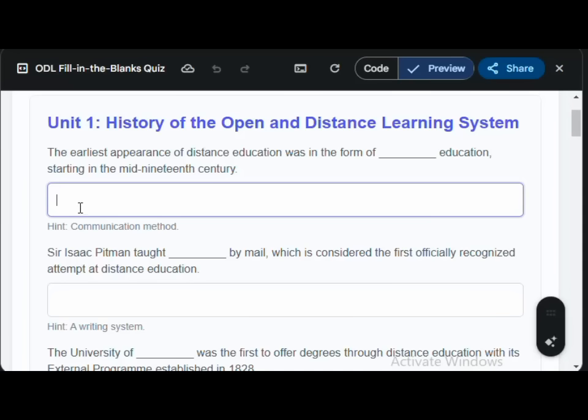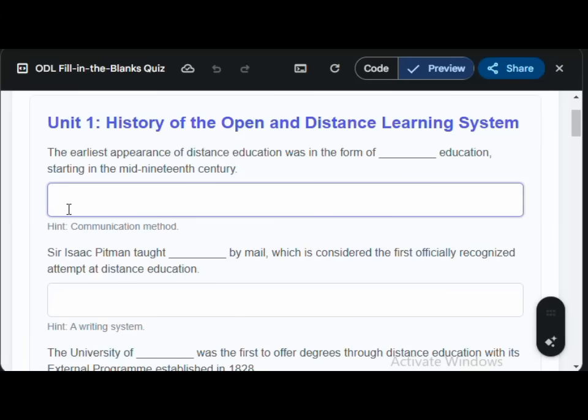Note, because your answer is in the middle of a sentence, and in normal English language, whenever you are inputting answers in the middle of a sentence, it should be in what? Small letter.